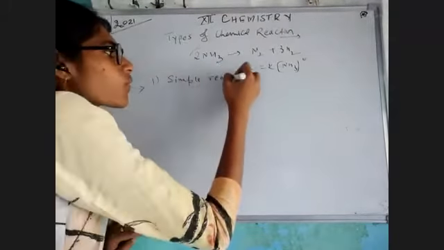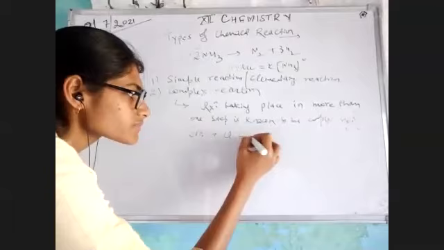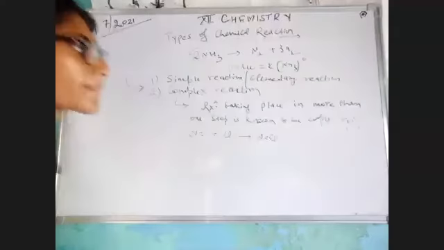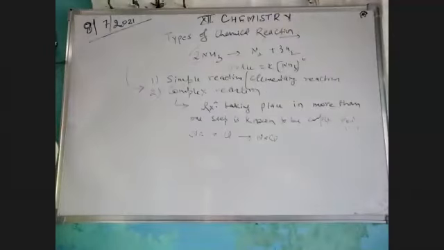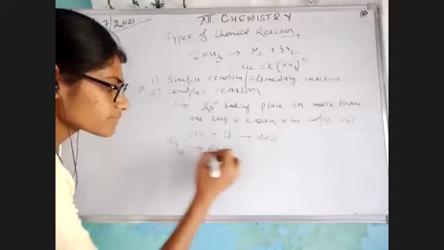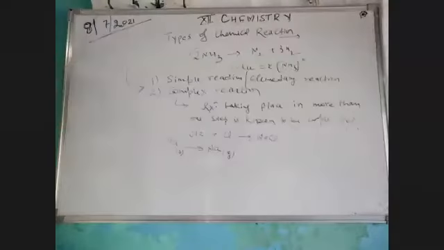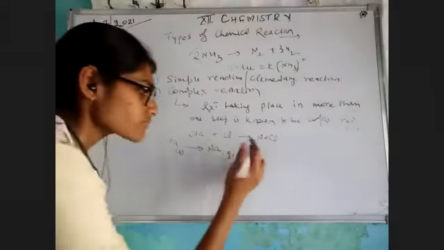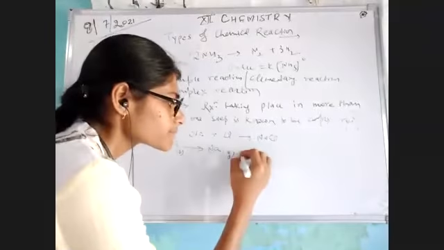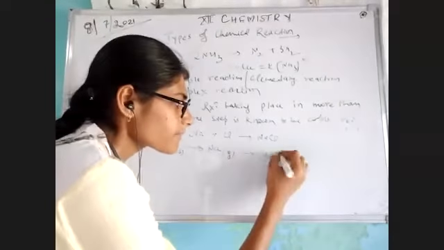A simple example: sodium reacting with chlorine to make sodium chloride. That is sodium plus chlorine gives sodium chloride. This seems to be a very simple reaction, but in actual, what's happening over here is, first my sodium is getting converted to gas, and then it would react to make Na positive.